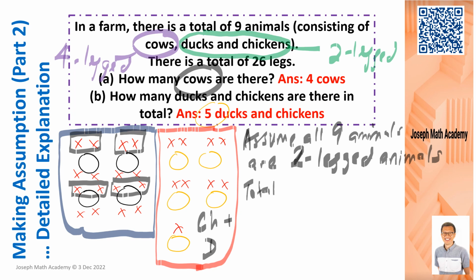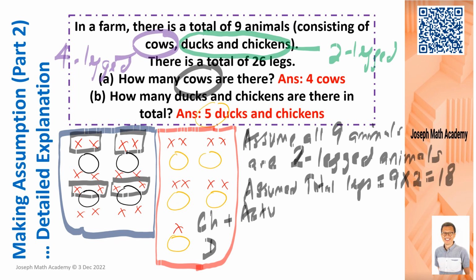Assume total legs: 9 animals, pretending all are two-legged, so there will be 18 legs.